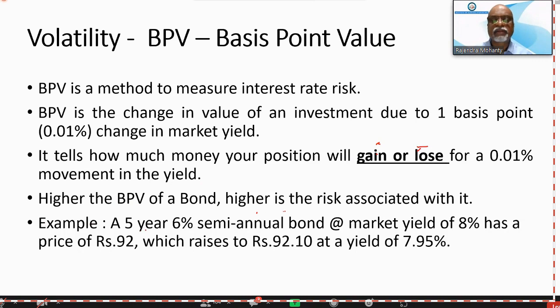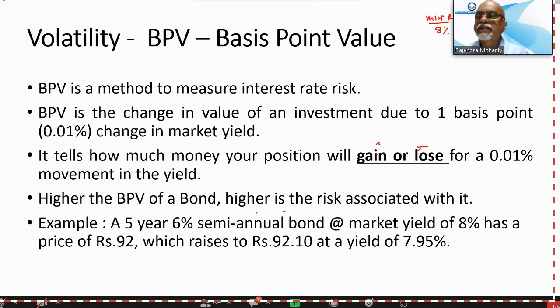This is one numerical. A 5-year 6% semi-annual bond has a market yield of 8%. So here the market rate was 8% and the price was 92, which rises to 92.10.